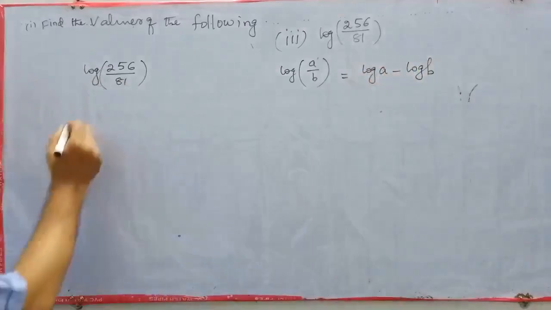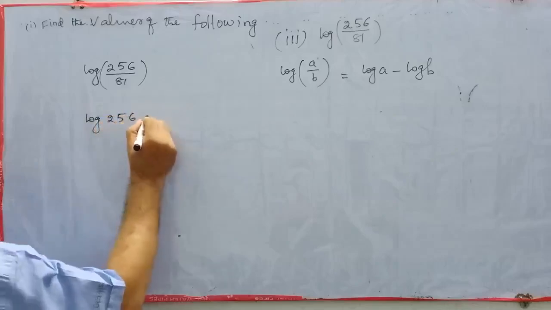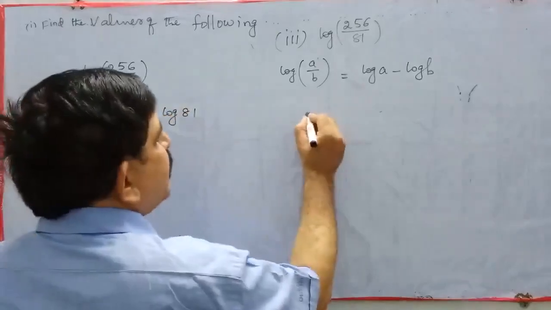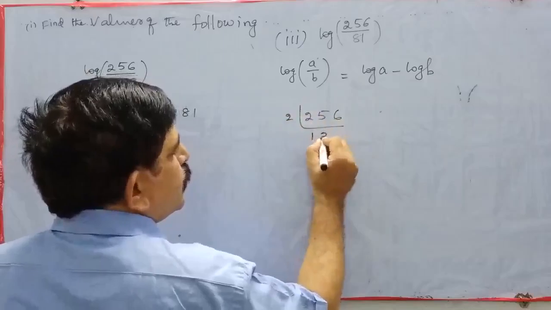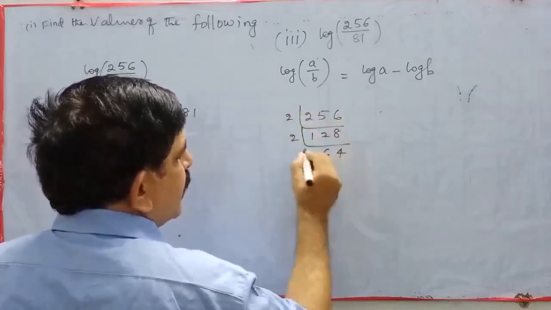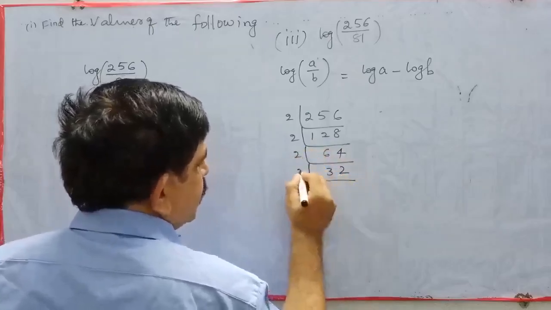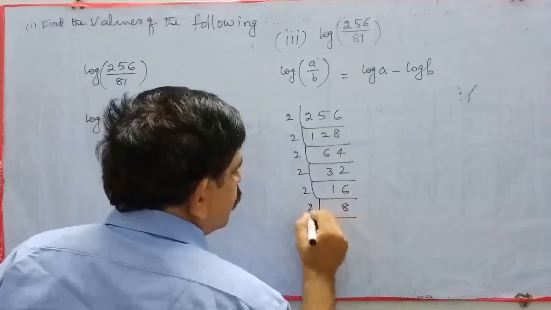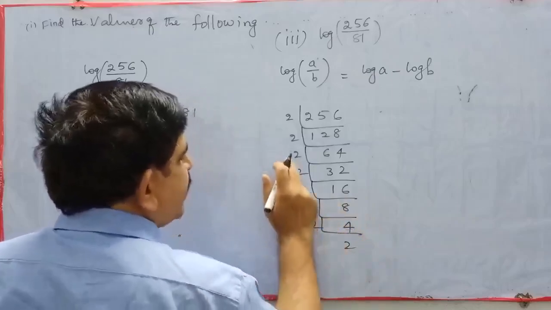So this can be written as log 256 minus log 81. 256 can be written by repeated doubling: 2 ones are 2, 2 twos are 4, 2 fours are 8, up to 256, and counting gives 8 twos.